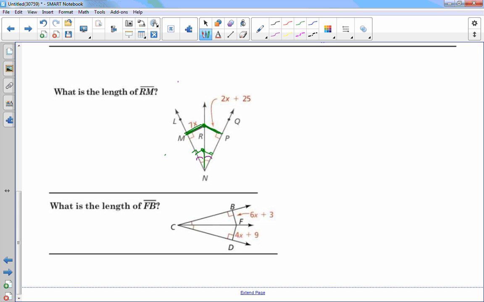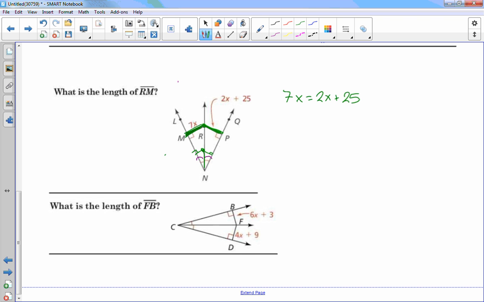Congruent. So do we know this length, or at least a marking for it? Instead of an x, do we know a marking for this length? Okay, so if they're congruent, can't we just set them equal to each other?